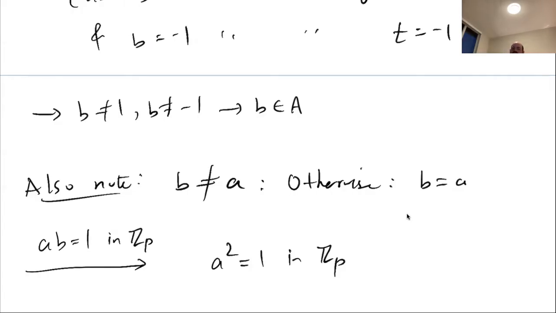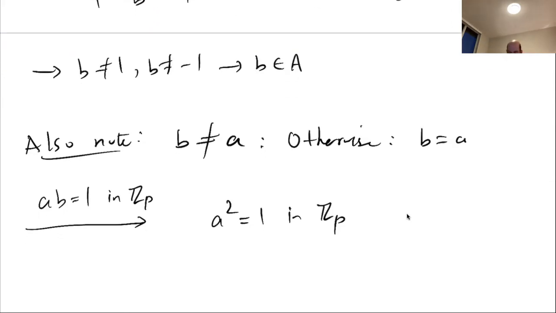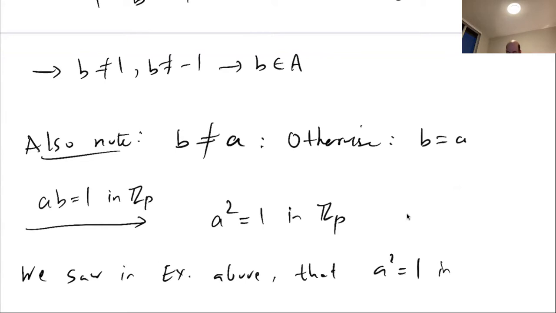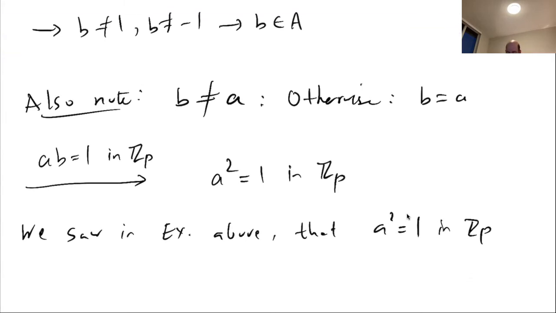But A squared equals 1 in Zp has only two solutions. We saw in the example above that A squared equals 1 in Zp has only two solutions, which is A equals 1 and A equals -1.